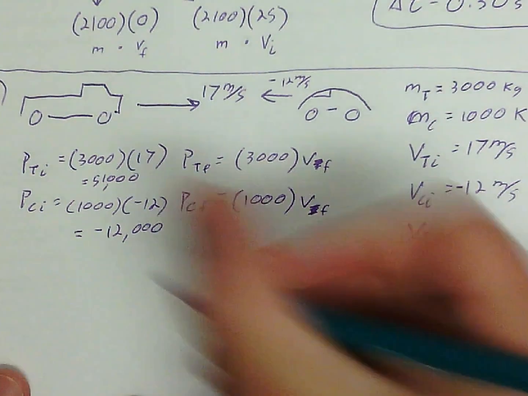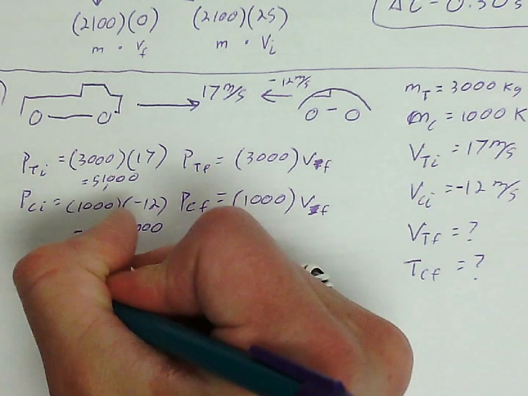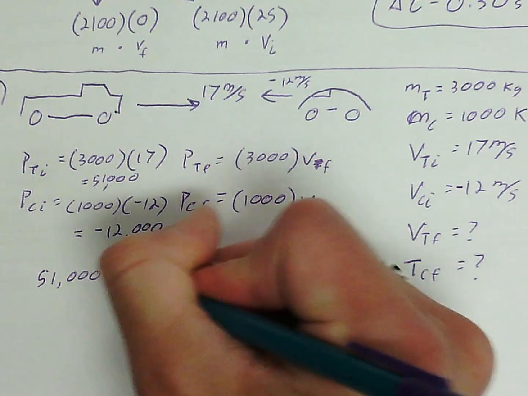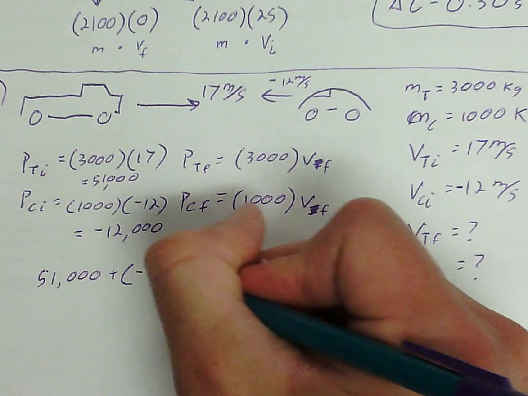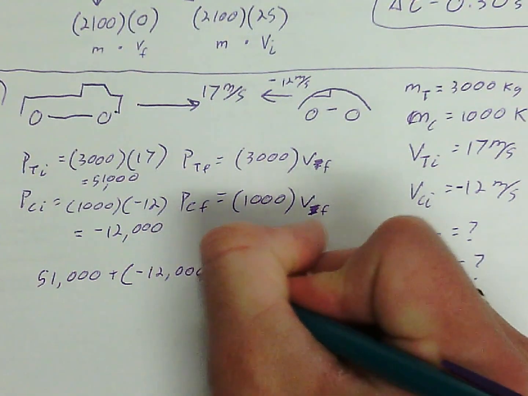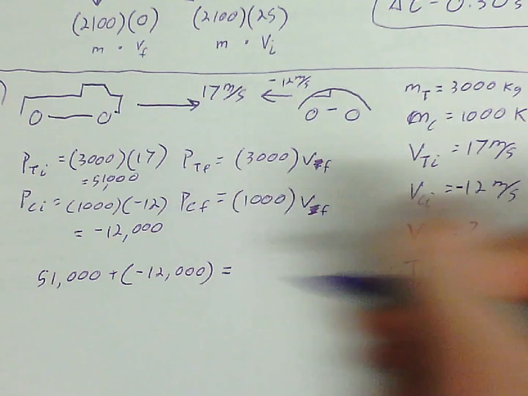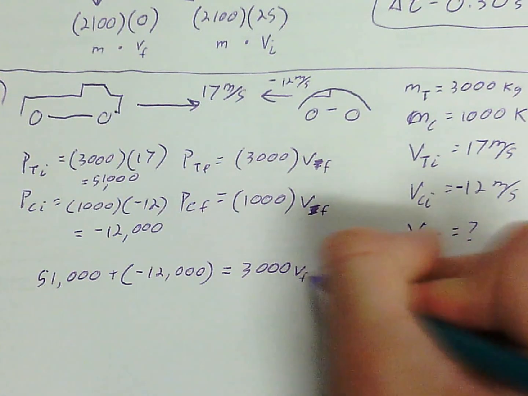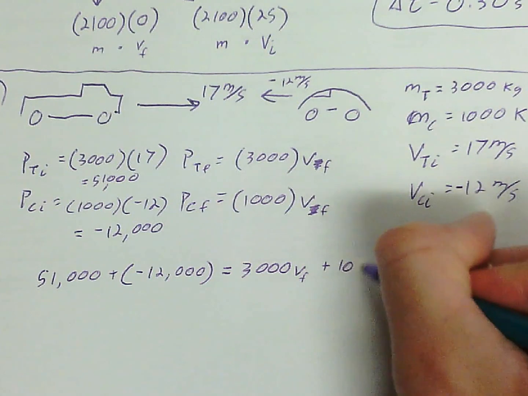Okay, so initial momentum of the truck, 51,000, plus initial momentum of the car, negative 12,000, equals final momentum of the truck plus final momentum of the car.